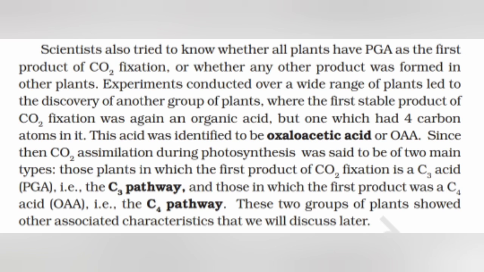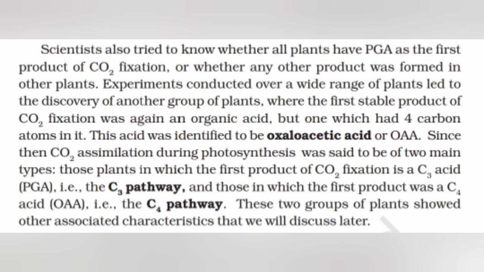Scientists also tried to know whether all plants have PGA as their first product or whether any other product is formed. Experiments conducted over a wide range of plants led to the discovery of another group of plants where the first stable product of carbon fixation was again an organic acid, but it consisted of 4 carbons. The acid was oxaloacetic acid, or OAA.